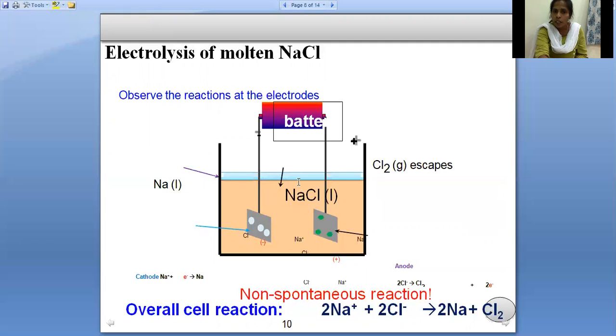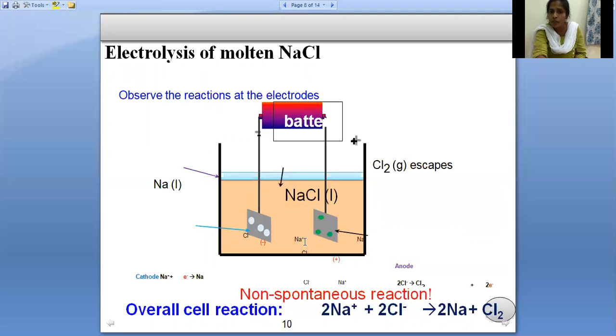When the two electrodes are connected with the help of a battery, the electrolyte starts decomposing. When the electrolyte decomposes, it produces Na+ and Cl-. But we know what is plus and what is minus. Plus is deficiency, minus is excess electron.